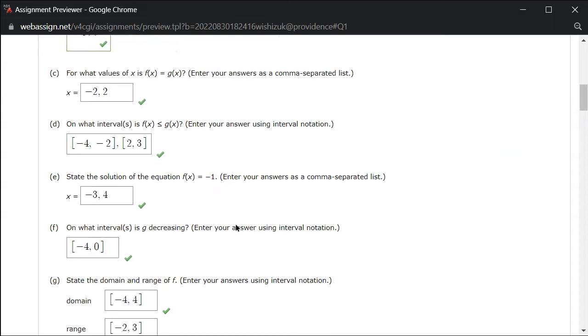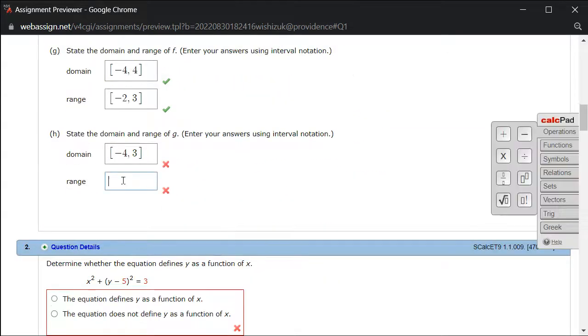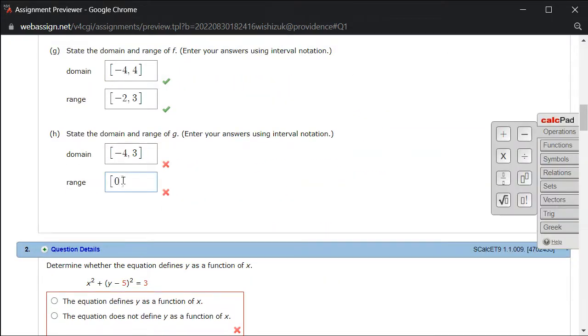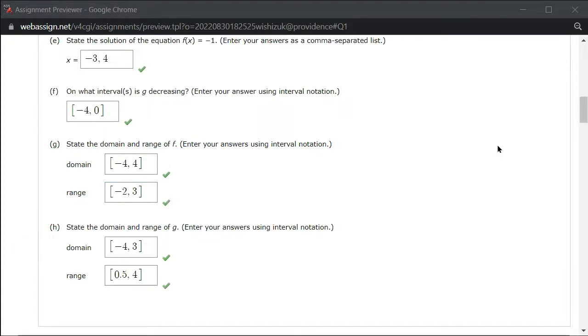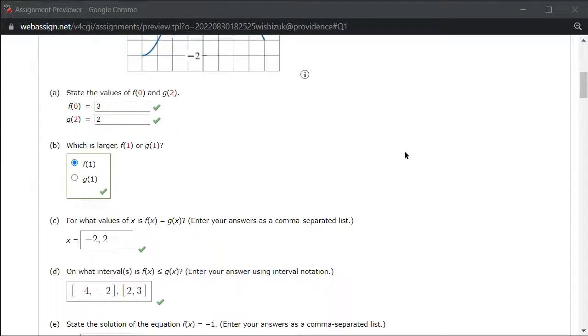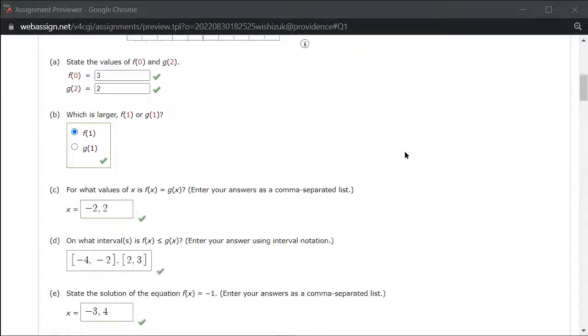So it's 0.5 to 4. Let's check the answer. It came back and it looks like we got part H correct as well. That's it. I hope this was clear.